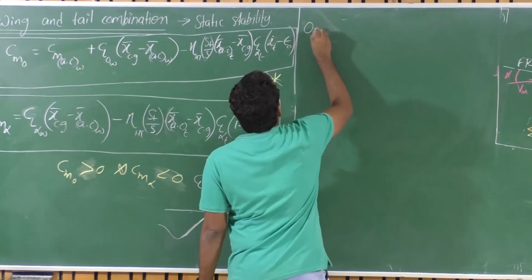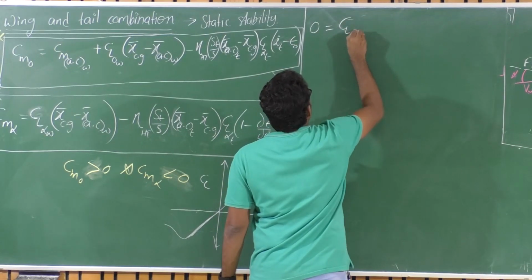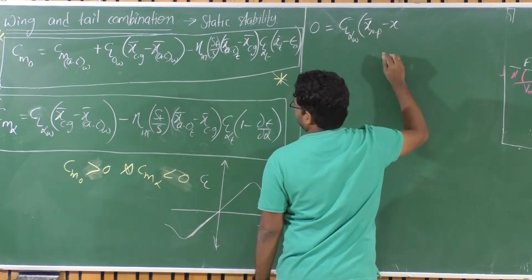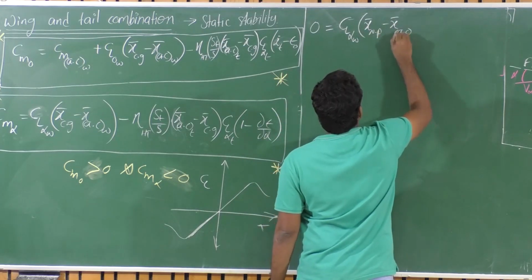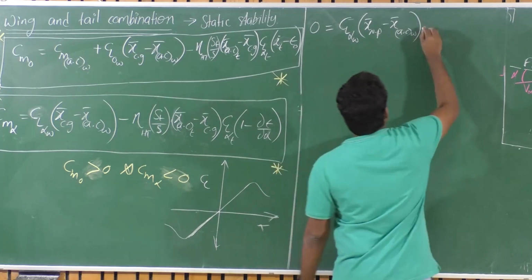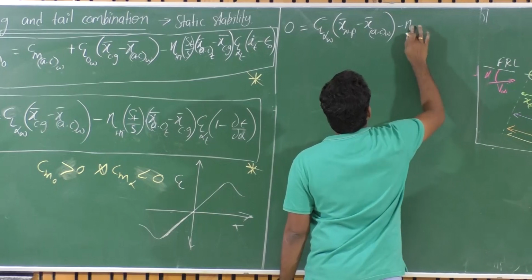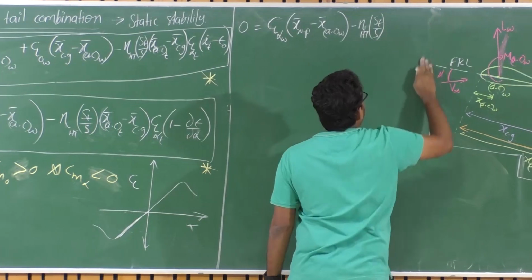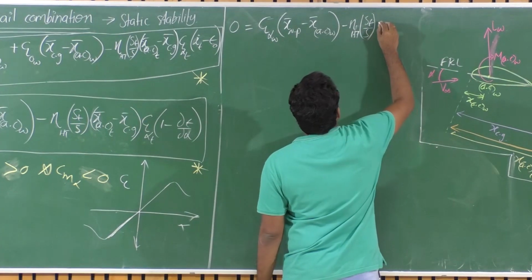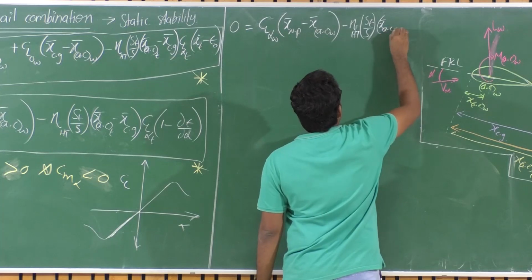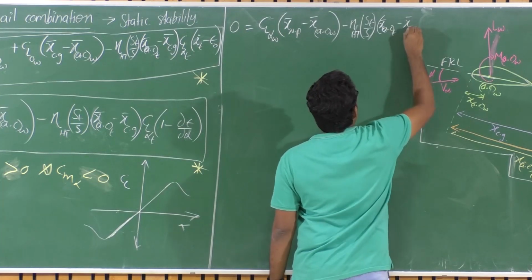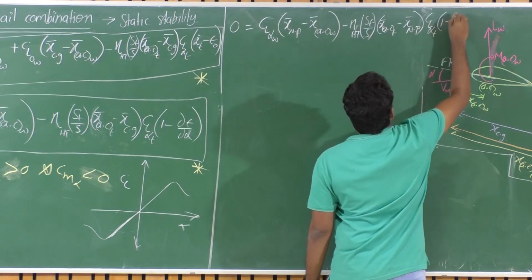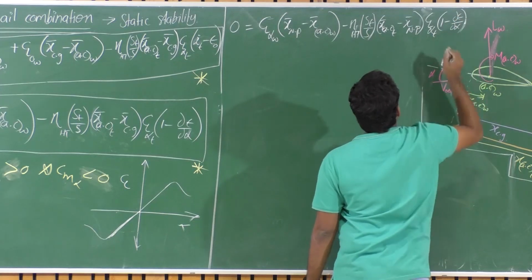So what I have is 0 equals CL alpha of wing times (x bar NP minus x bar AC of wing), minus eta of horizontal tail, S_T upon S, times (x bar AC of tail minus x bar NP), multiplied by CL alpha of tail, multiplied by (1 minus dou epsilon upon dou alpha).